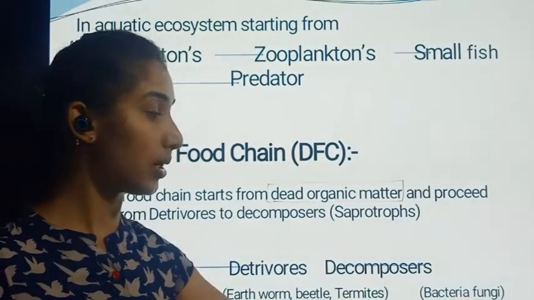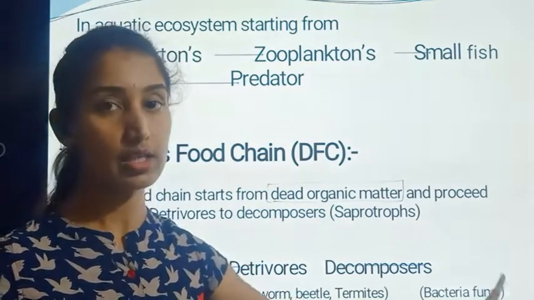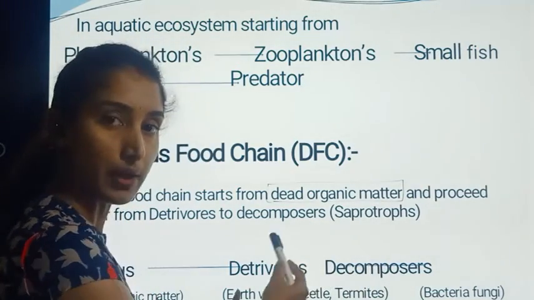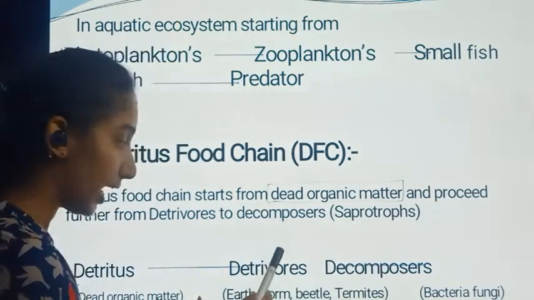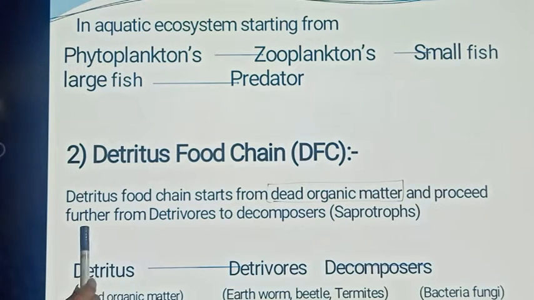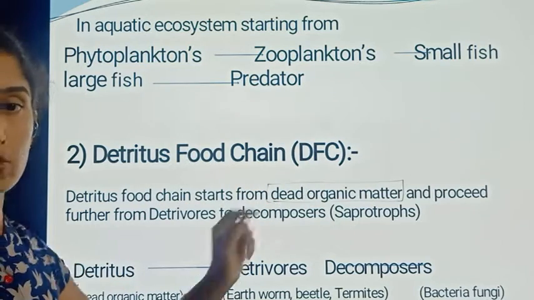Bacteria and fungi are the examples of decomposers. That means the decomposers depend on the detrivores and the detrivores depend on the detritus. This is how the detritus food chain works.